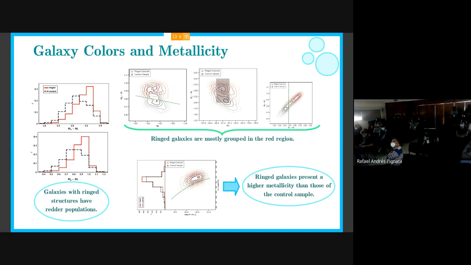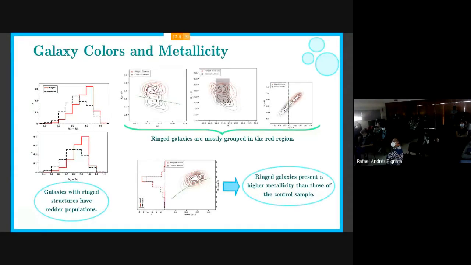And from the color-magnitude and color-color diagrams, we can observe that galaxies with ring structures are mostly grouped in the red zone, while galaxies without rings are more extended towards the blue zone.